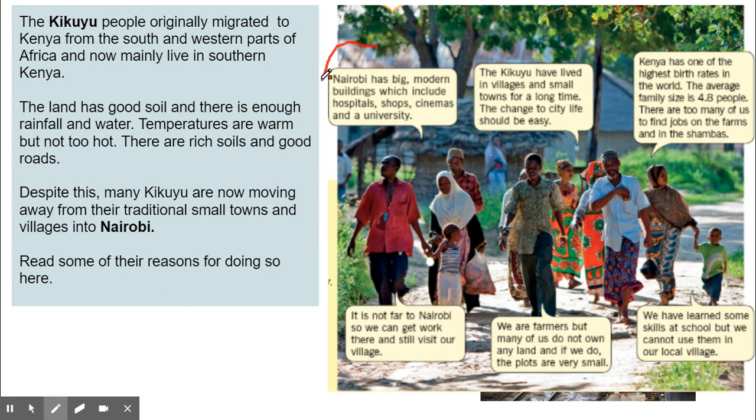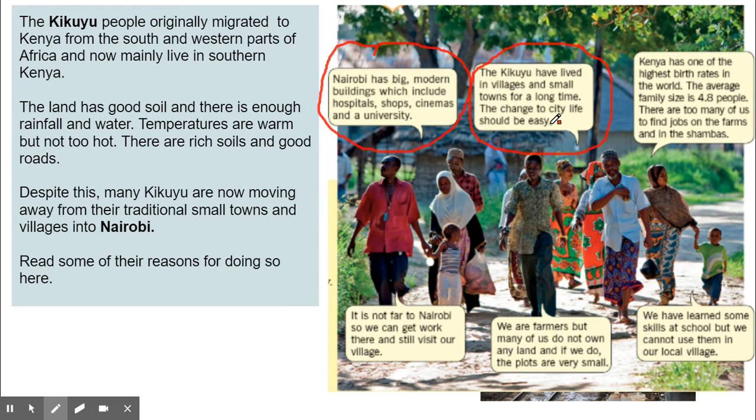For me, I think this one is a pull factor. It's saying positive things about the city. This one is also a pull factor. They're saying that the change to city life should be easy.